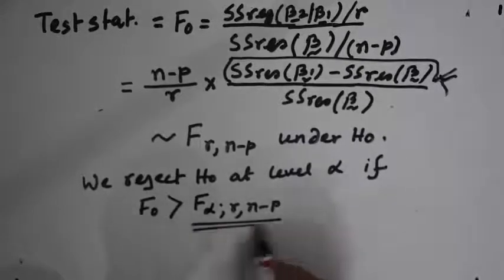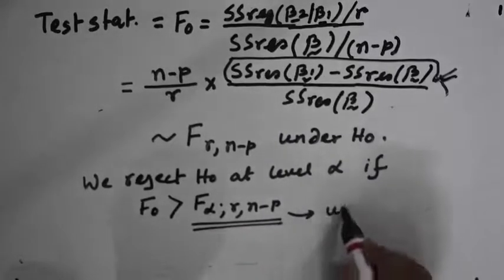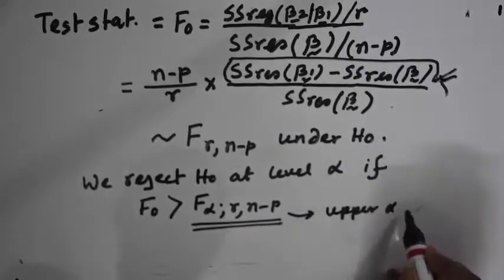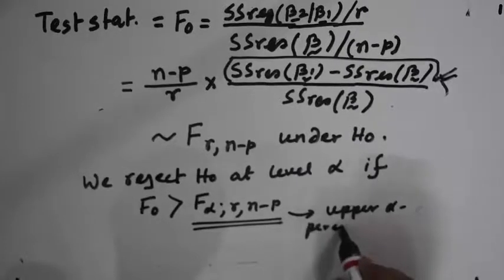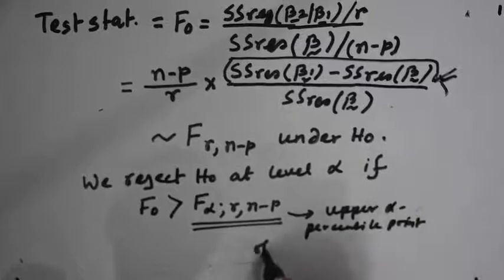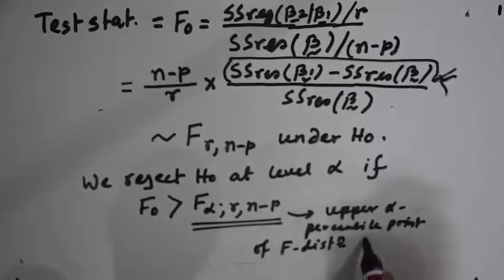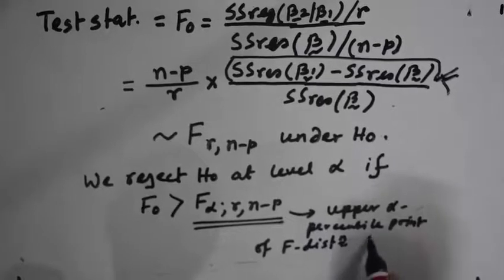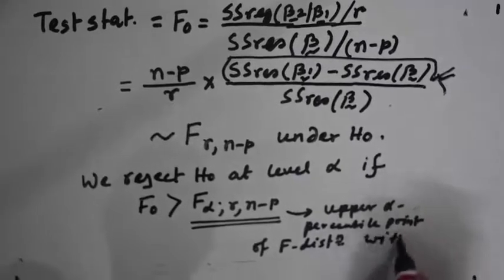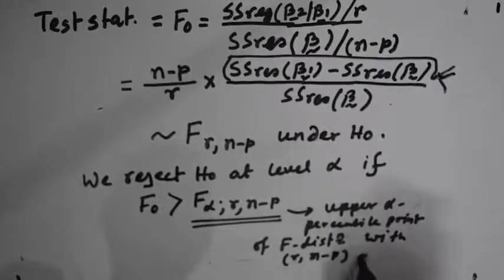This is the upper alpha percentage point of the F distribution with r, n minus p degrees of freedom.